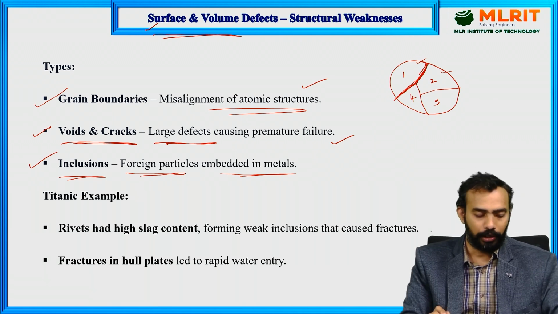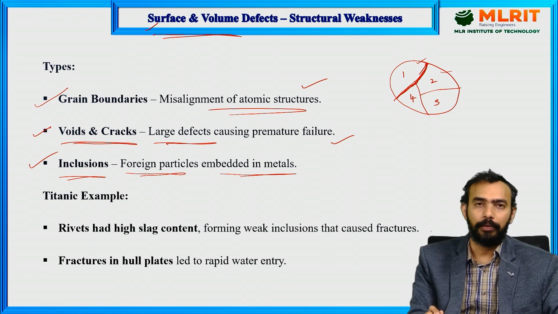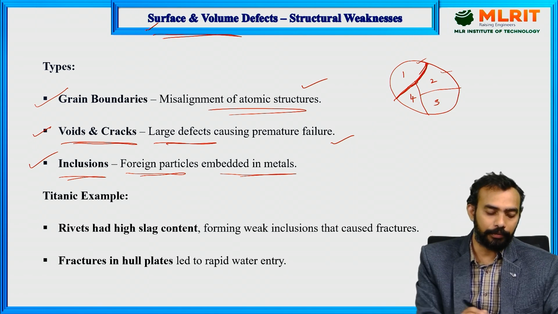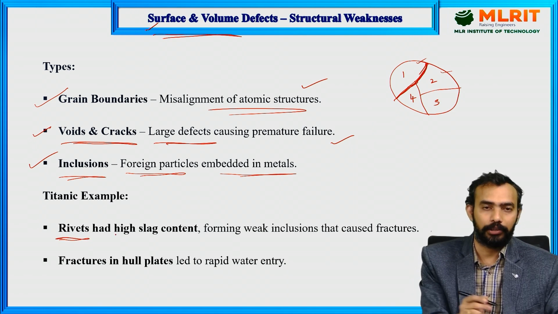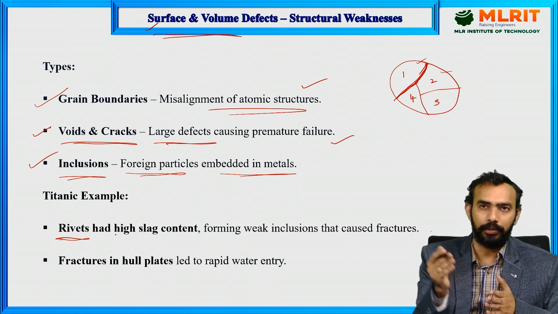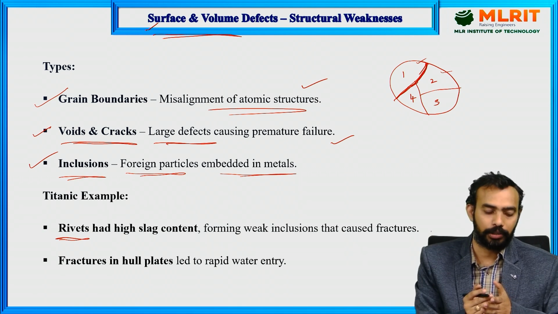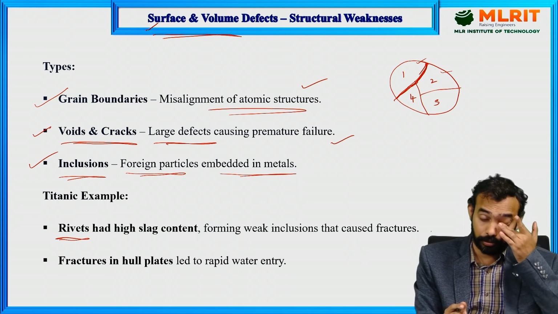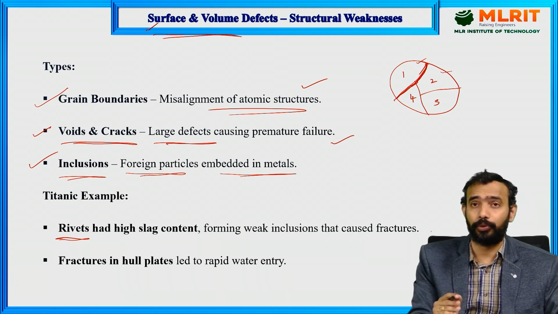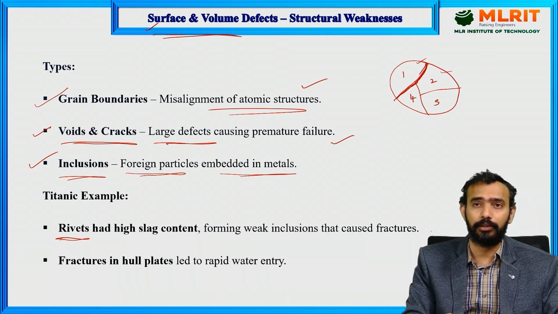In the case of our Titanic example, the plates were joined by the riveting process. Iron rivets were used for joining the sheets here.